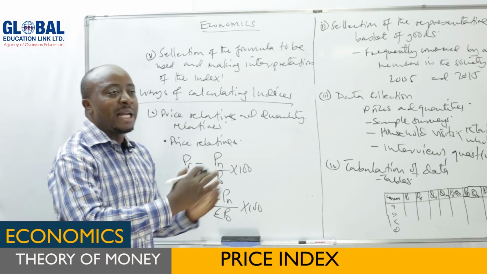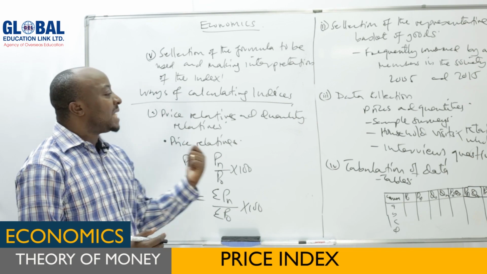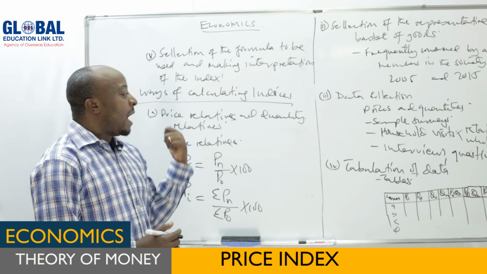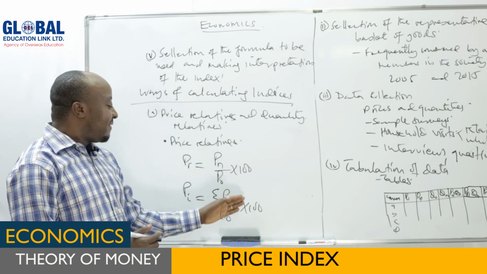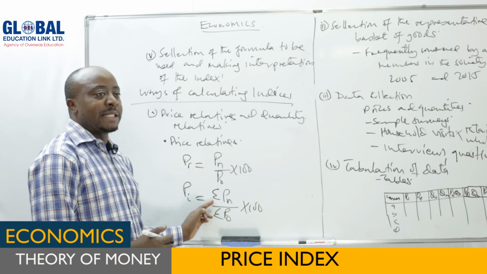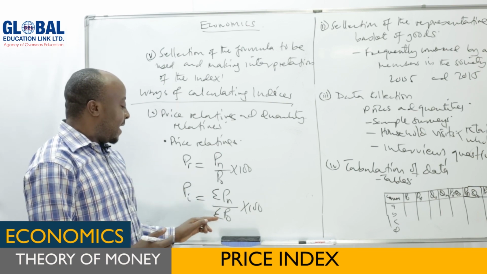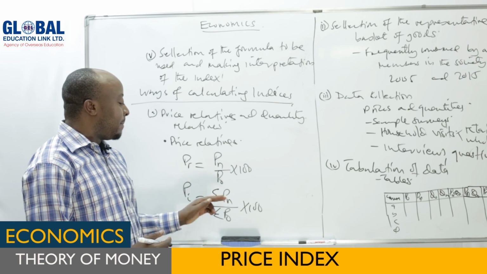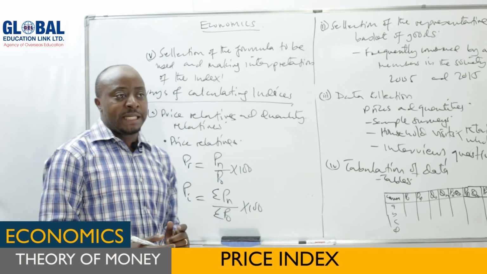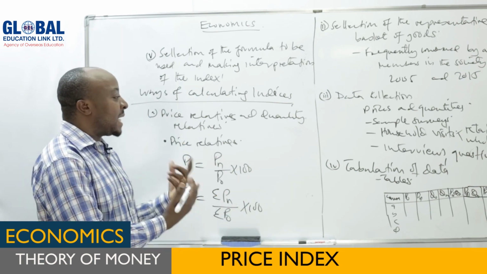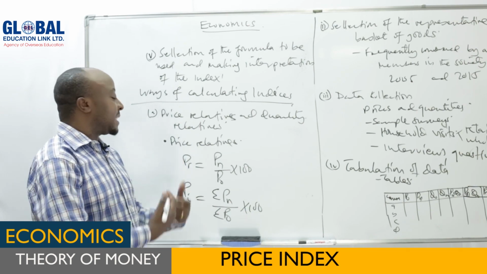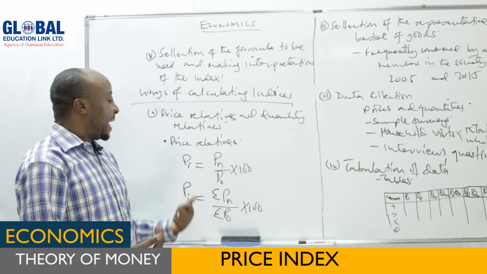Now when we have several items and we are told to calculate the price average or simple price index, that means we take the summation of the current year prices over the summation of prices of the base year times 100. Then what we get is the simple price index or the average price index, and you will see them later in some examples.